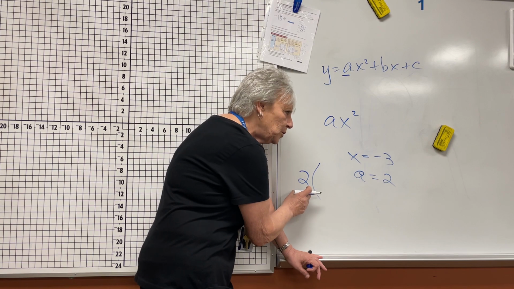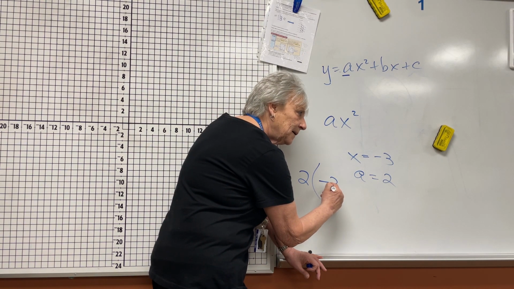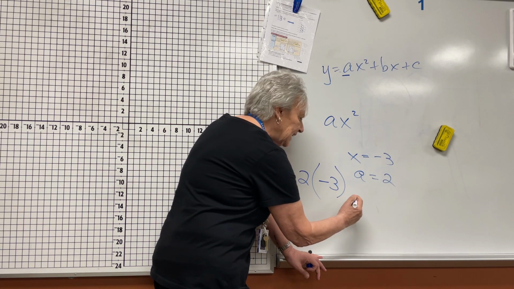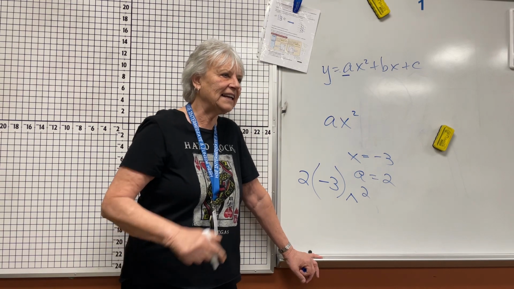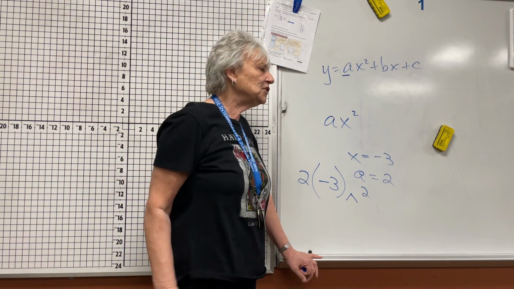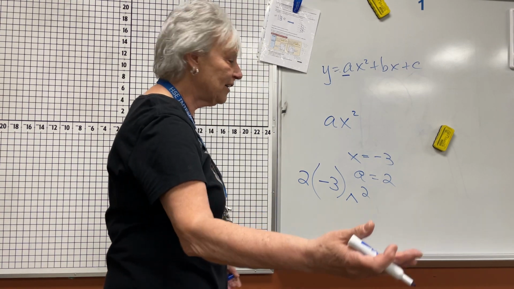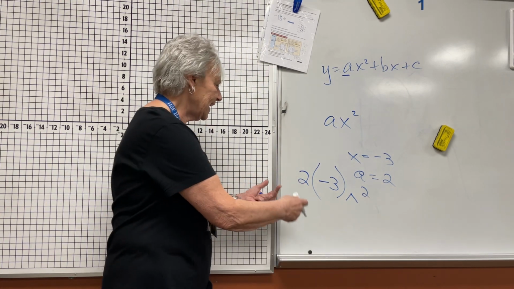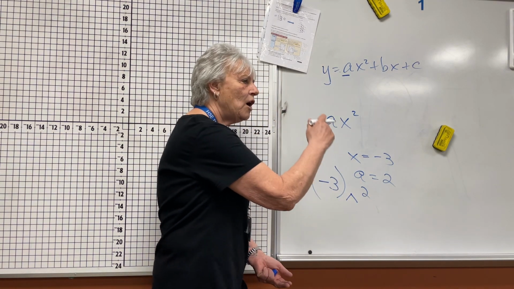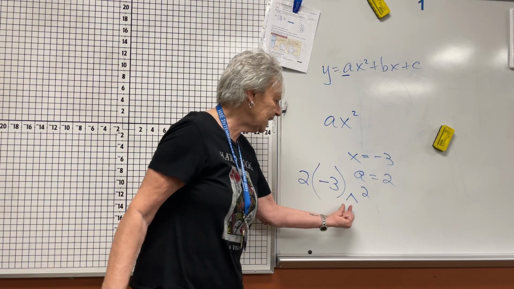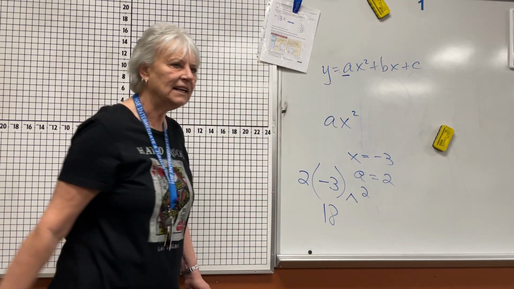It's going to be 2, left parenthesis, negative 3, right parenthesis, caret 2. That caret will take it to whatever exponent you have. And if you have a calculator, you might try it. You should get 18.